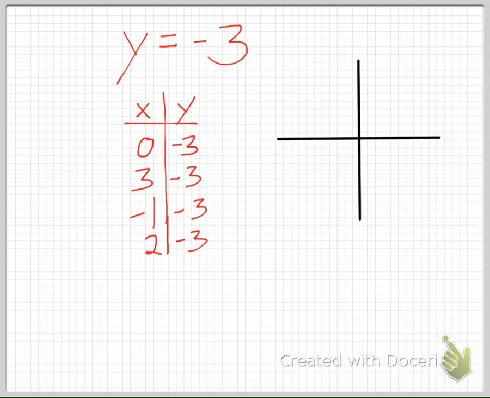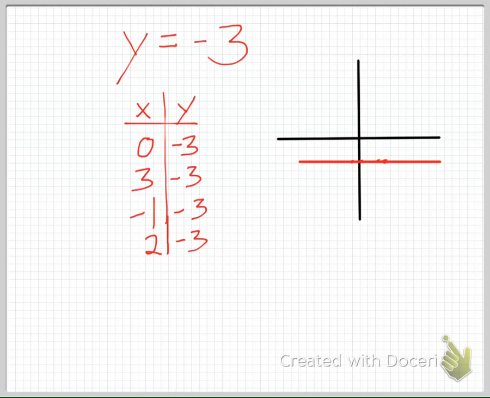So, I have 0, -3, which would be down here. I have 3, -3, which would be down here. I have -1, -3, and I have 2, -3. So, I get a line that is parallel to the x-axis.